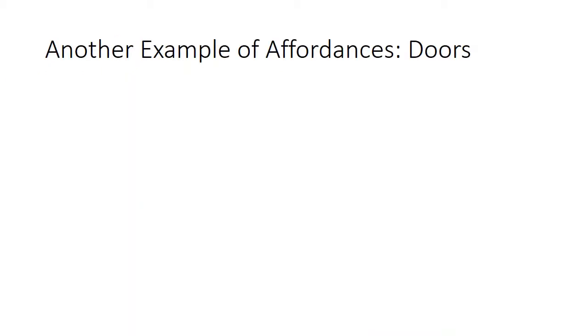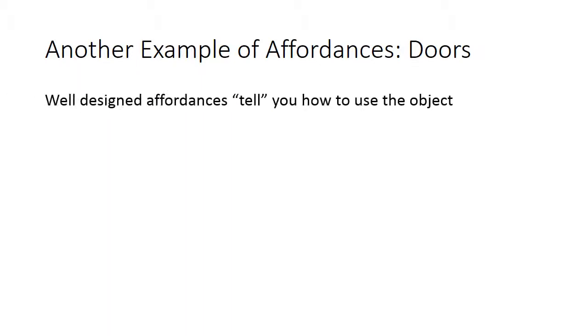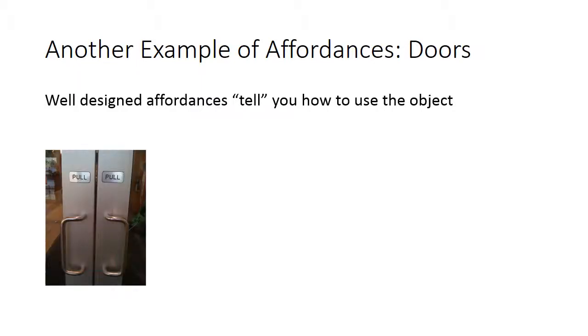Now, ever since I read the book The Design of Everyday Things, I've become a little bit of a nut on this, and I notice all over the place things that just drive me crazy in terms of badly designed everyday objects. And one is a door. A well-designed door would have the affordances, the features that would tell you how to use the object. For example, here, the affordances are handles.